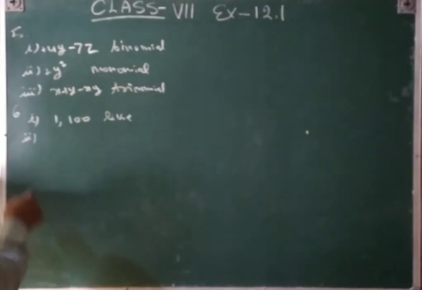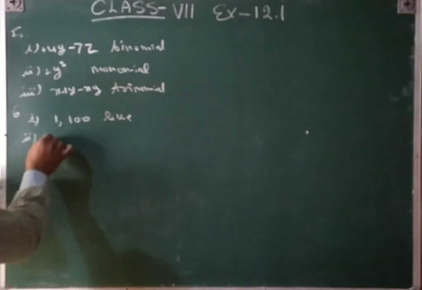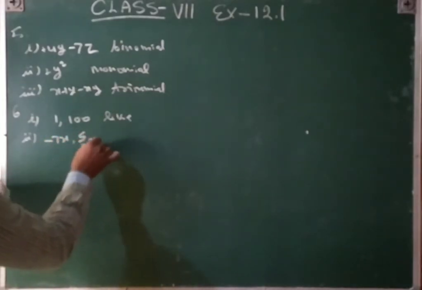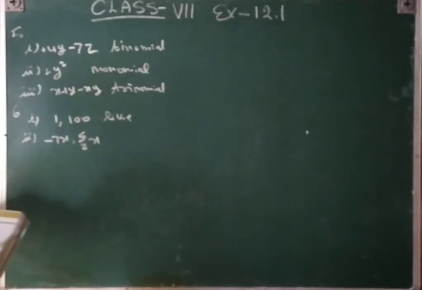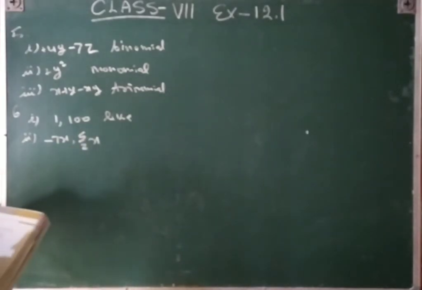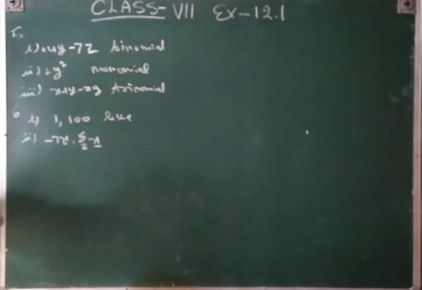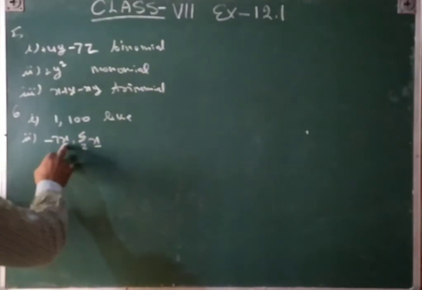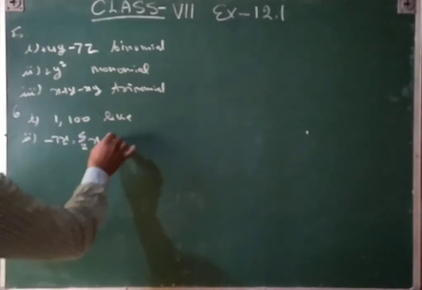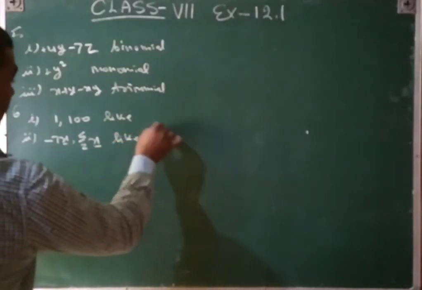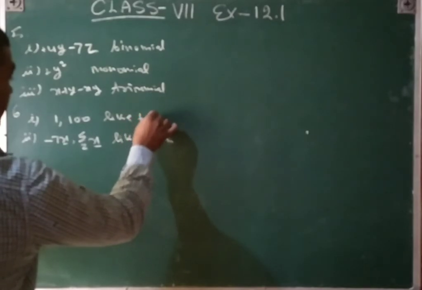Second part is minus 7x and then 5 upon 2x. This one also we can add or subtract, because both variables are the same. If both variables are the same, that means like terms. That is also a like pair.